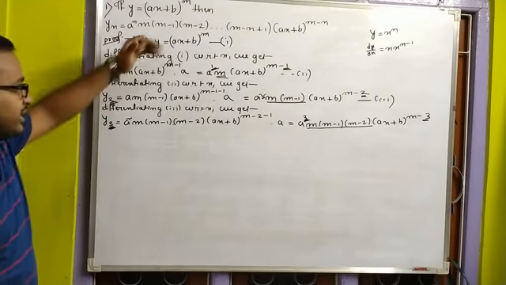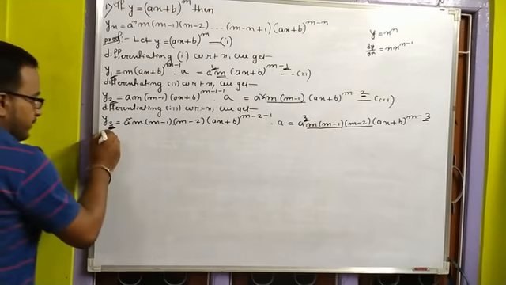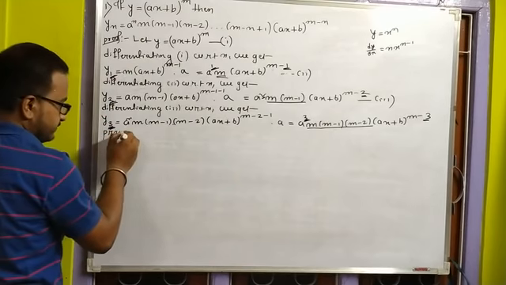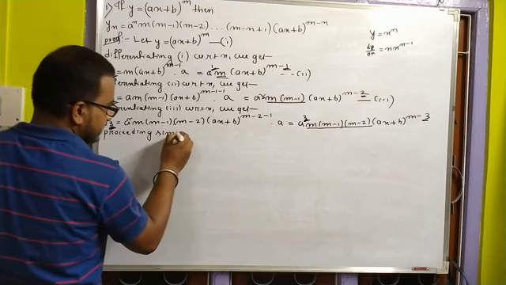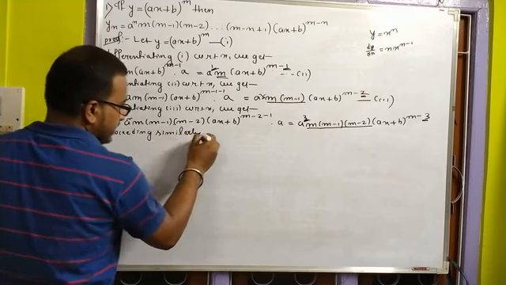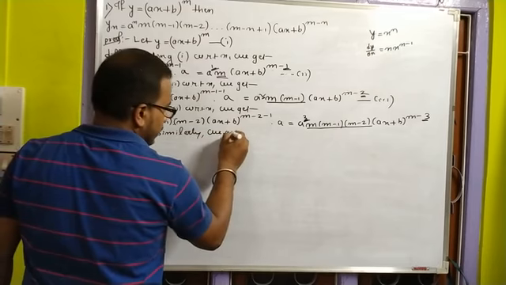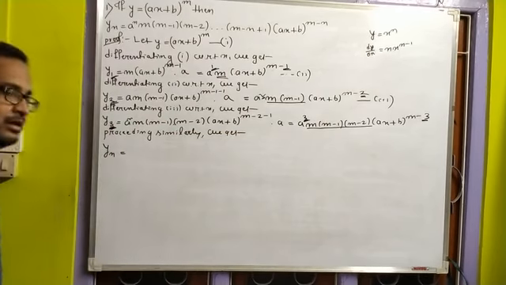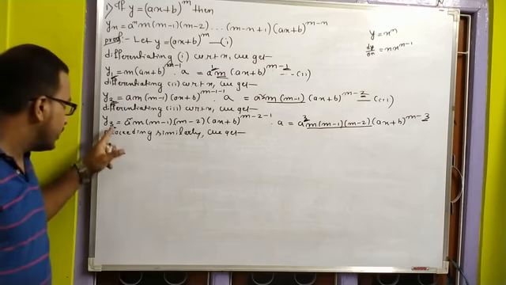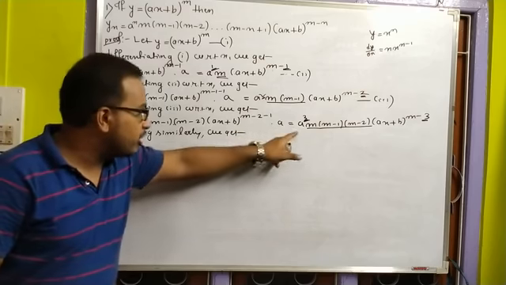So if we can generalize those results, proceeding similarly, we get yn, the nth derivative. Now what will be the nth derivative? You see, when it is 3, then the power of a is 3.